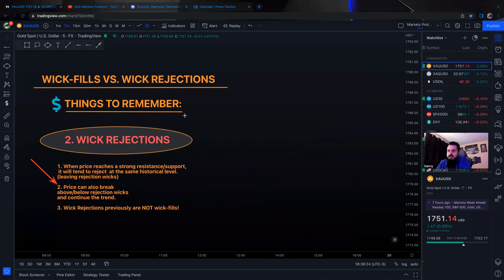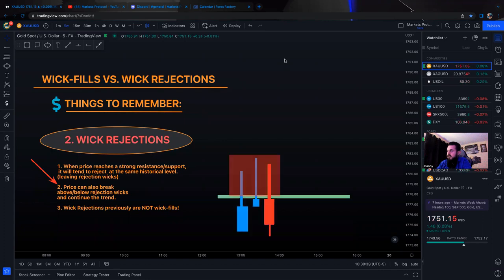And the last one is that wick rejections previously are not wick fills, ladies and gentlemen. A lot of people mistake those wick rejections for wick fills and end up losing that trade. So once again, going back to the same example we drew over here, let's bring those rejection wicks back. These rejection wicks cannot be traded as a wick fill.